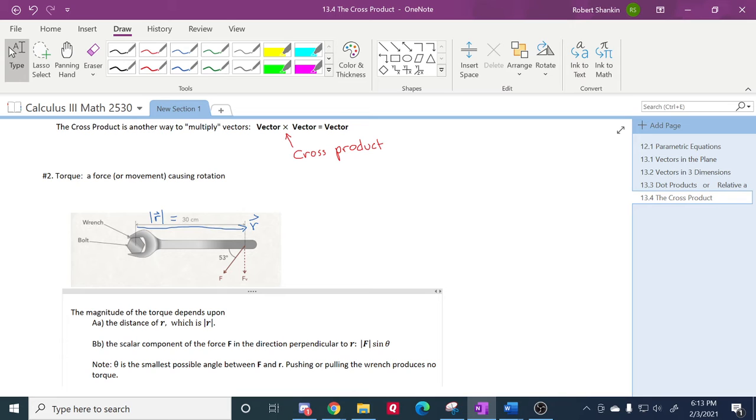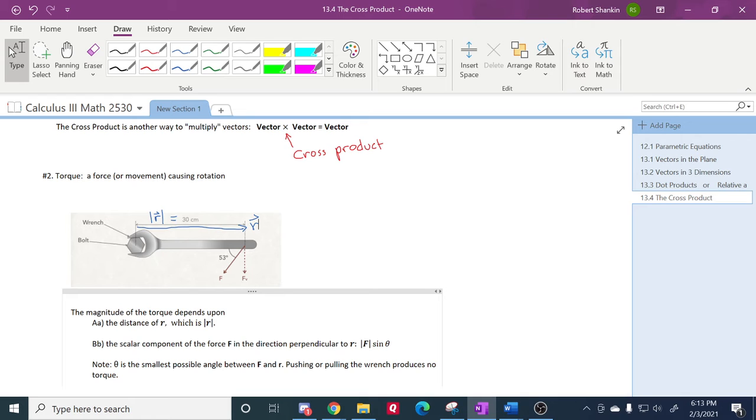Suppose you're inside of a car's engine and you're pushing on your wrench, and the direction you need to push on it is not the optimal direction. You're not pushing exactly perpendicular.